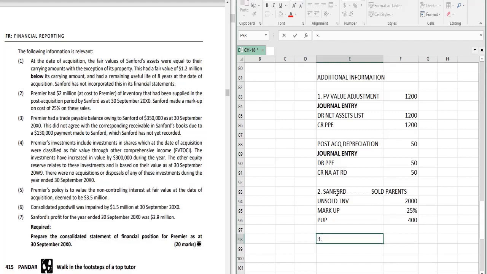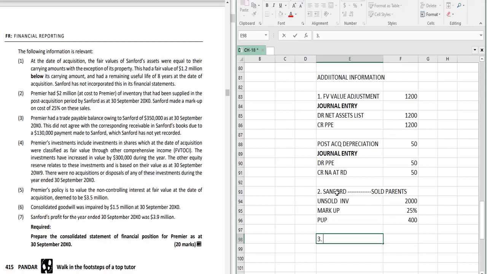This did not agree with the corresponding receivable in Sanford's books due to a 130,000 payment made to Sanford, which Sanford has not yet recorded. Okay, so here Premier had a trade payable balance payable to Sanford. This is the intra-company transaction, so we need to cancel it out.